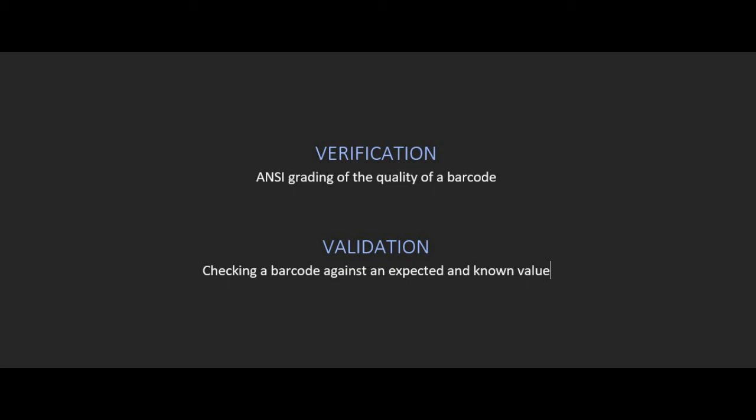Validation is you are checking that barcode against a system to make sure that the barcode you're printing is actually the correct barcode for what you're expecting to actually be printing for that product. So they are two different things.